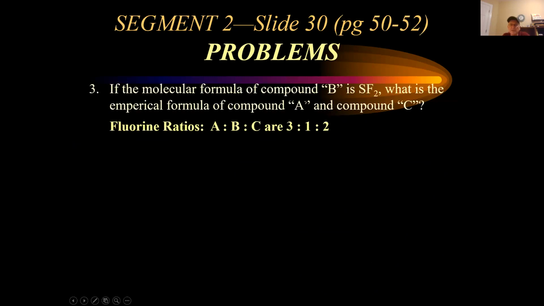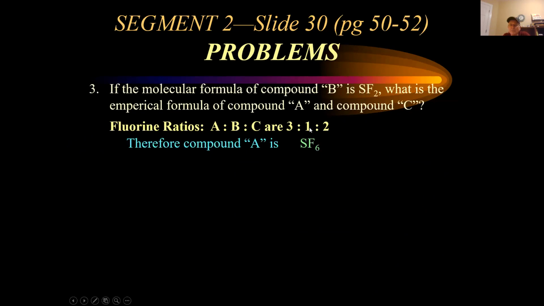Now, here's a question: if the molecular formula of compound B is SF2, what is the empirical formula of A and C? Well, the ratio is 3 to 1 to 2. So that means that A has to be SF6.